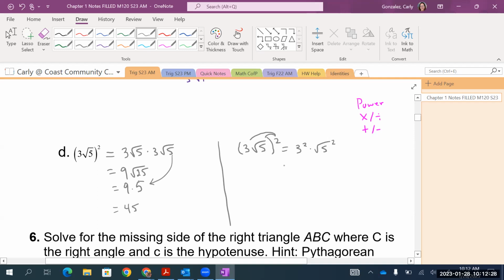And here we get 9. We could either get the square root of 25, or we can see that the square and the square root are inverse operations of one another, and they cancel out. So we get 9 times 5 is 45. So either method here works great. Either way, we get 45.